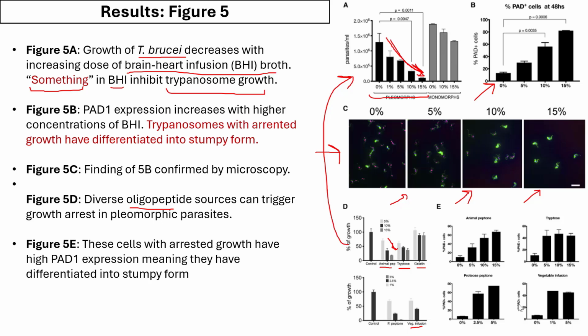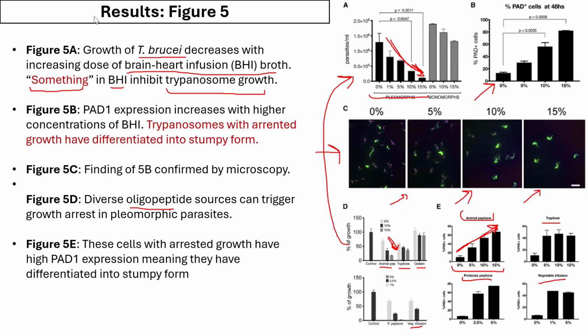Then they found that when the growth is reduced, there is an increase in PAD1 expression. So after treatment with animal peptone or the proteose peptone or tryptone or some vegetable infusion, there is a decrease in growth along with increase in PAD1 expression. That means after treatment with certain oligopeptides, trypanosomes differentiate into short stumpy form, which stops growing and starts expressing PAD1 protein.